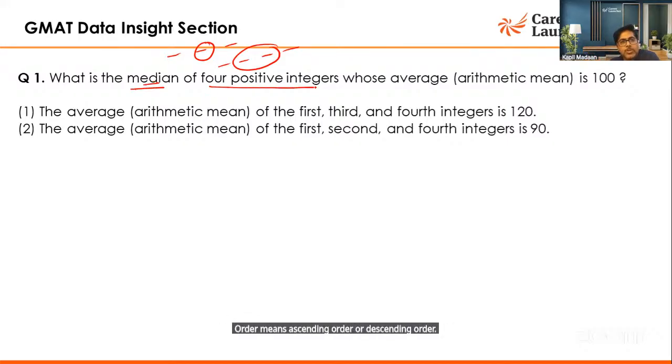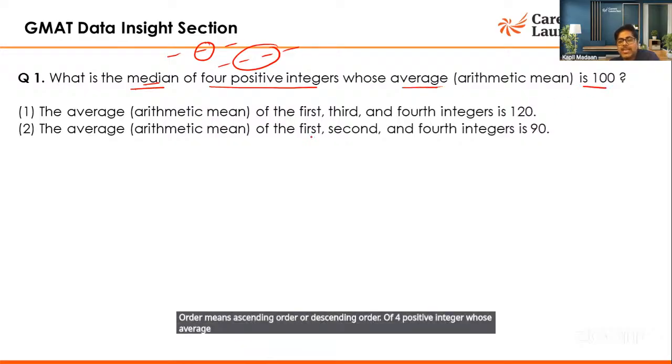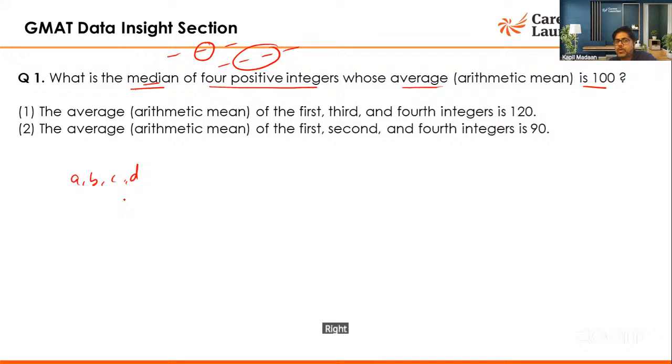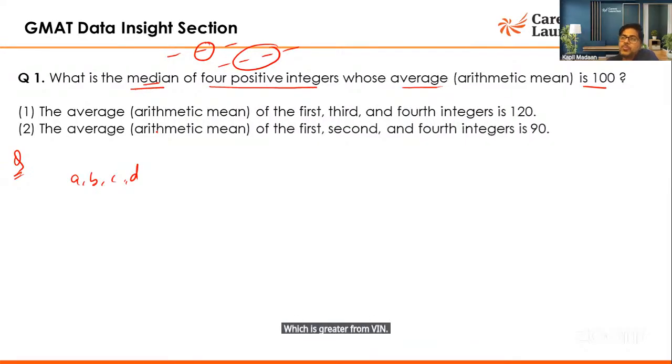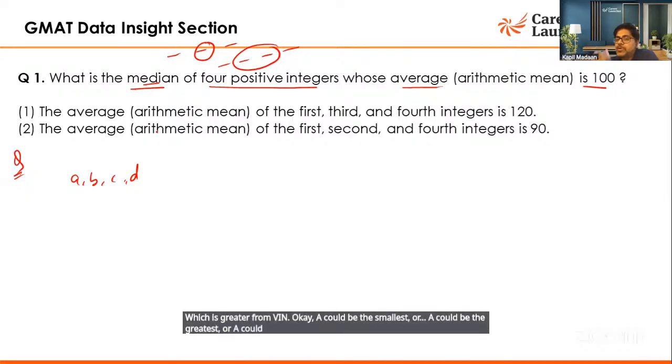Of four positive integers whose average is 100. Let's say the four positive integers are A, B, C, D. That's what the question is all about. We don't know which is greater than which. A could be the smallest, or the greatest, or anywhere.